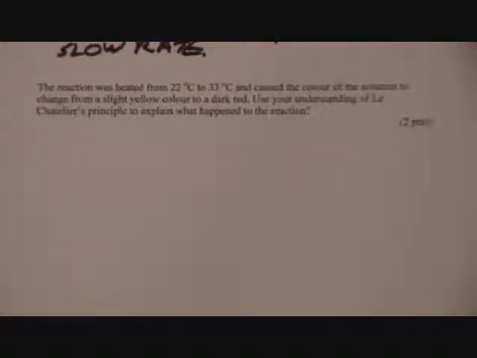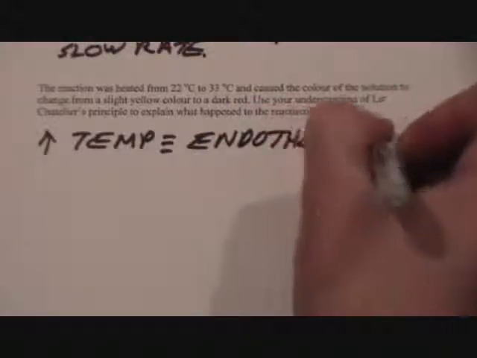Last question. We're told that there's a rise in temperature, a rise in temperature by 11 degrees Celsius. Now we know for equilibrium systems, an increase in temperature will favour a very particular kind of reaction. It favours an endothermic reaction, which needs more energy to be put in.